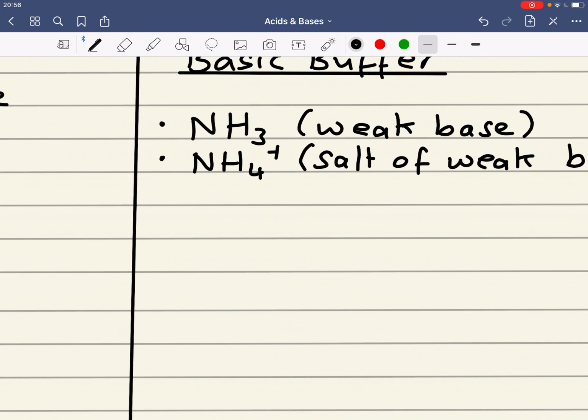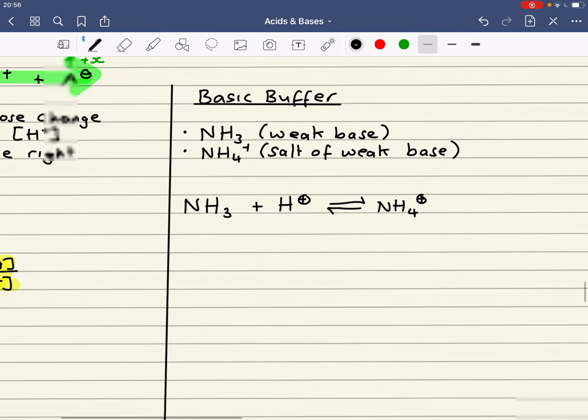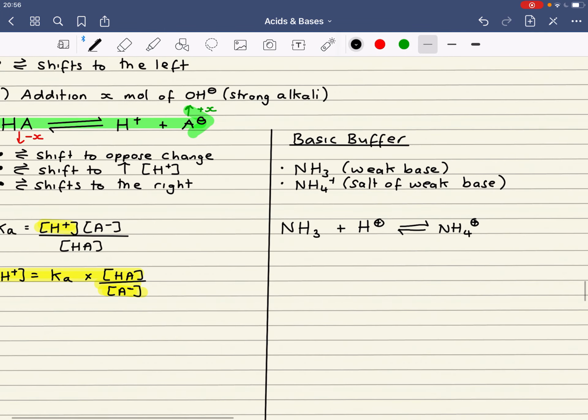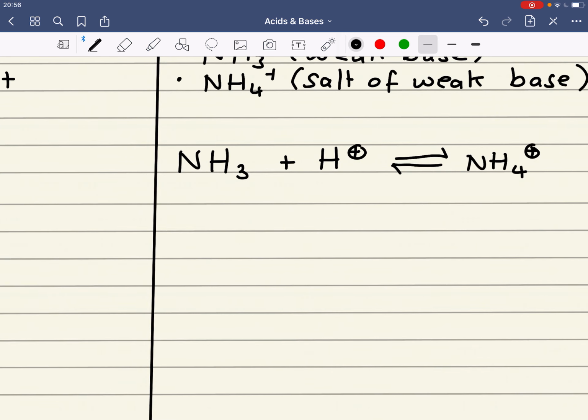And we can set up the following equilibrium. That'll give us NH4 plus. And we can apply the same rules and the same principles as what we did when we looked at acidic buffers.